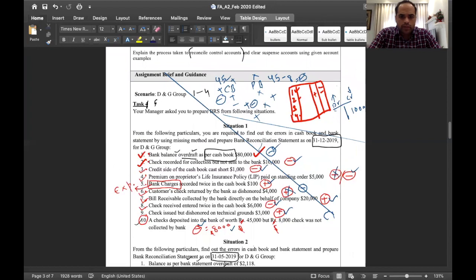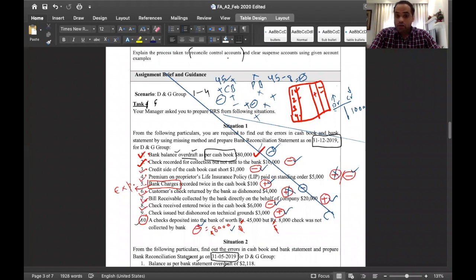So here, cash book, then I check deposit. So I think my money comes into my account, which means I plus 45,000 in my cash book.